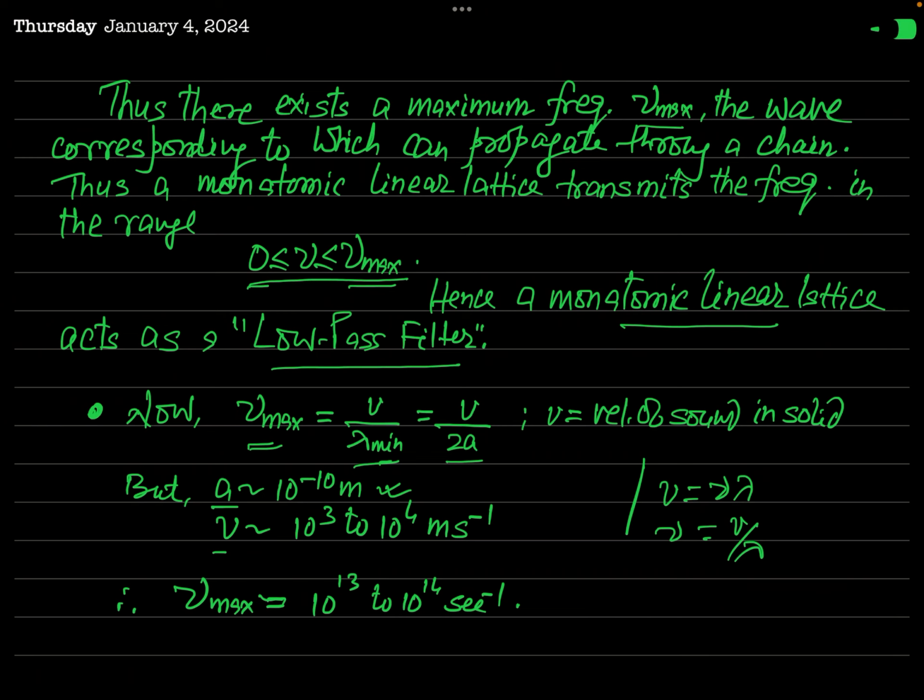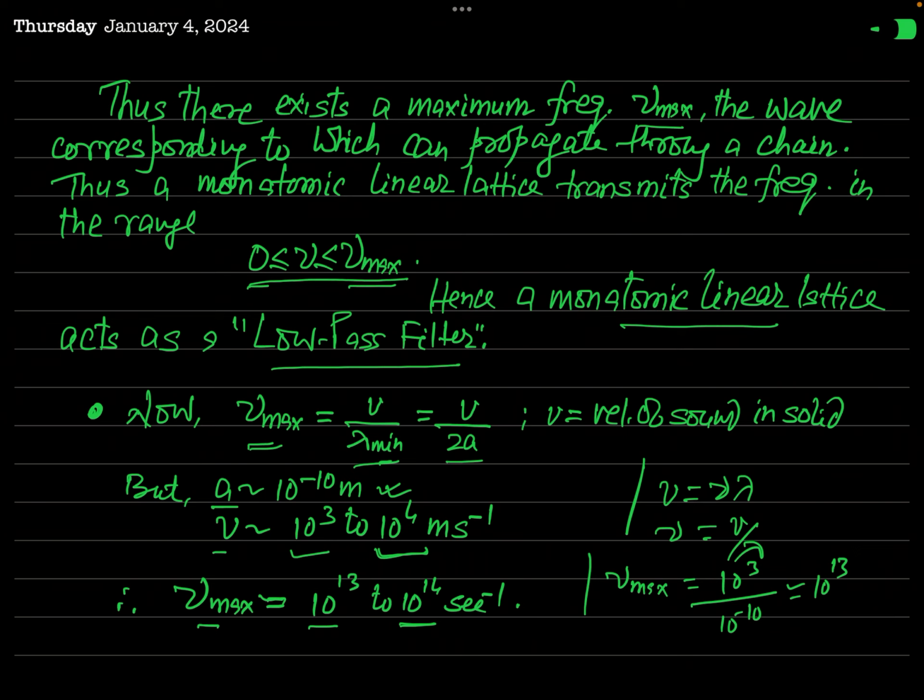So when you substitute this, what will be the value of nu max? If we take v of the order of 10 to the power 3 and a of the order of 10 to the power minus 10, this will be of the order of 10 to the power 13. And when you take v of the order of 10 to the power 4, then it will be 10 to the power 14. So nu max is of the order of 10 to the power 13 to 10 to the power 14 second inverse.